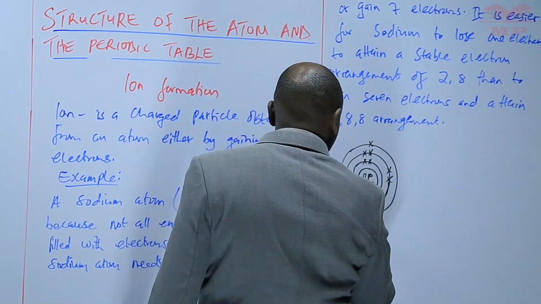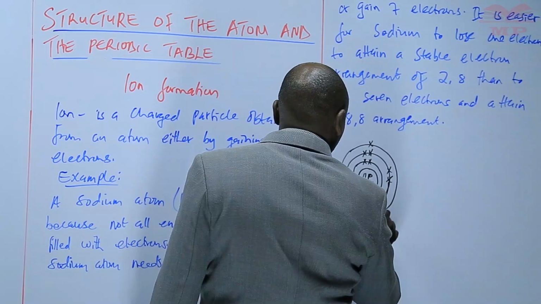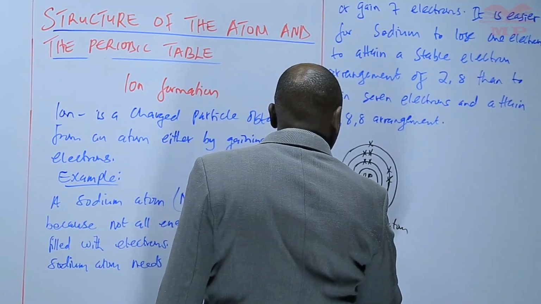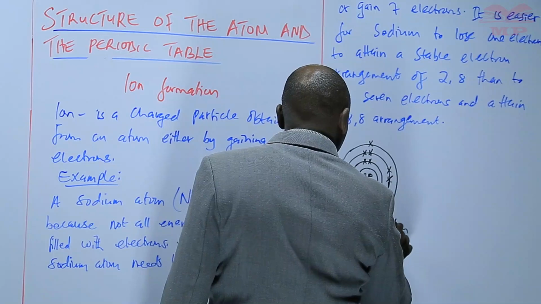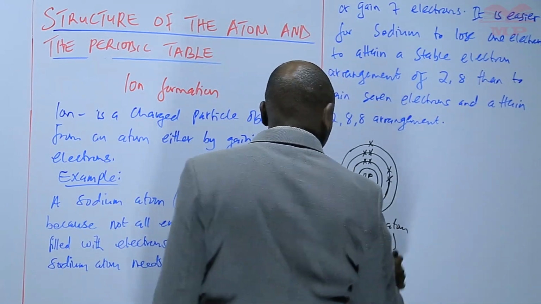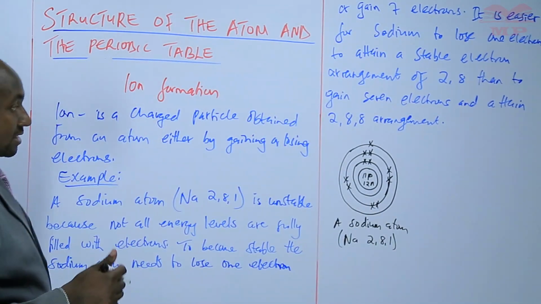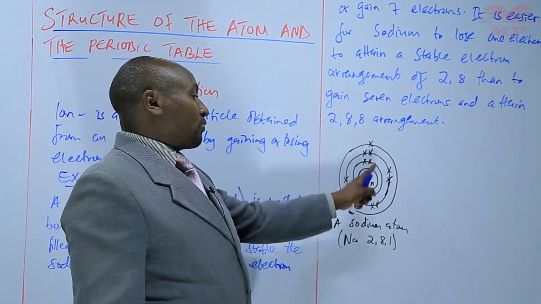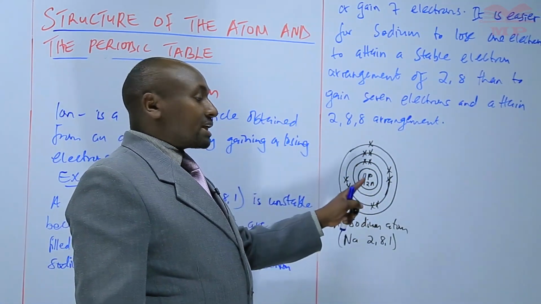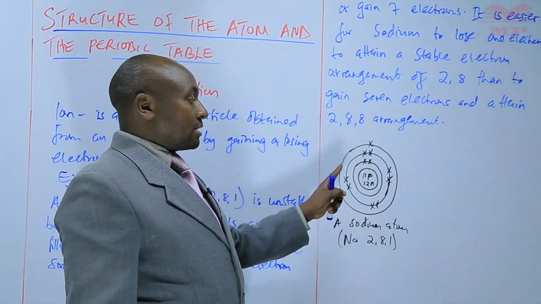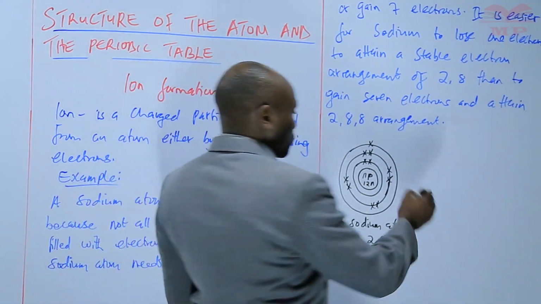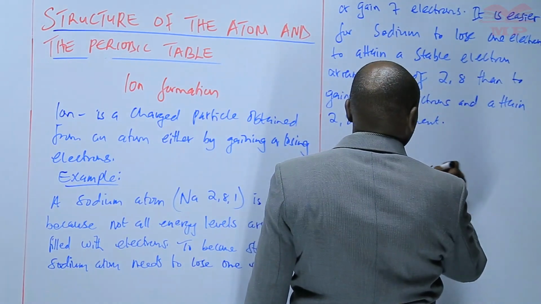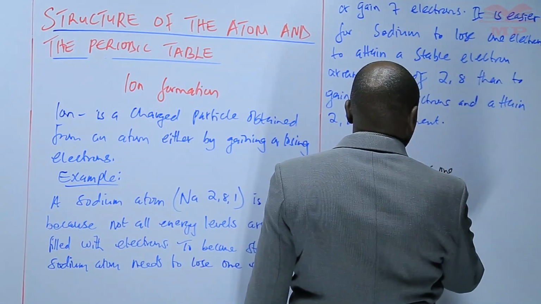So this is a sodium atom, Na, the arrangement 2,8,1. So in that case, we are saying that it is easier to lose this one electron so that the other energy levels that remain are stable or fully filled with electrons. So in this case, it loses one electron.